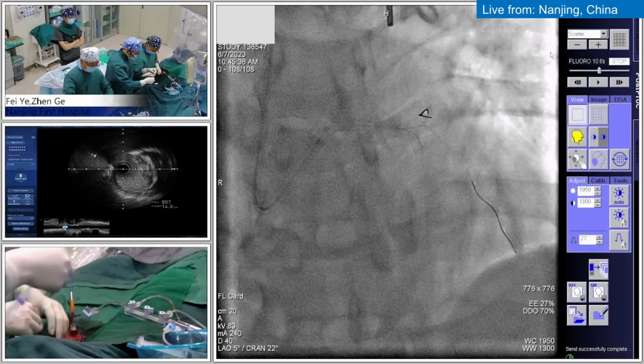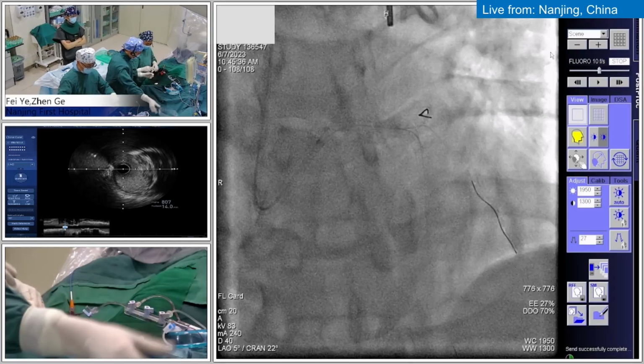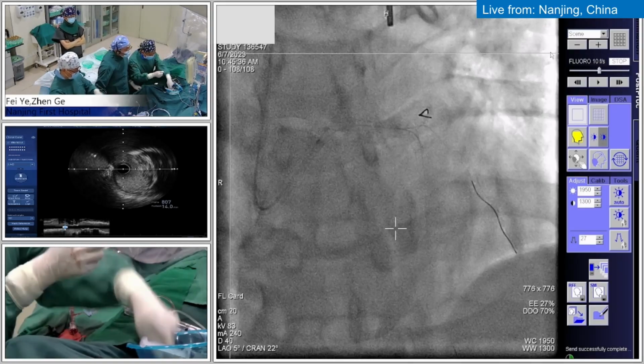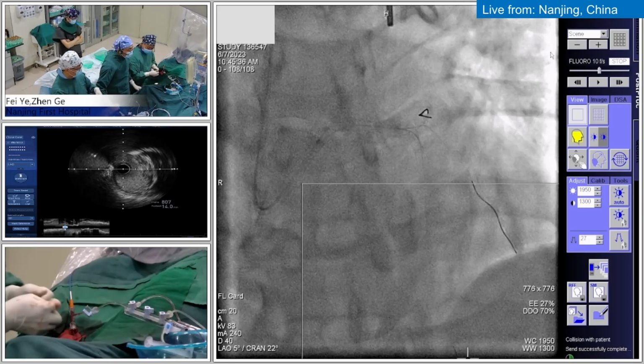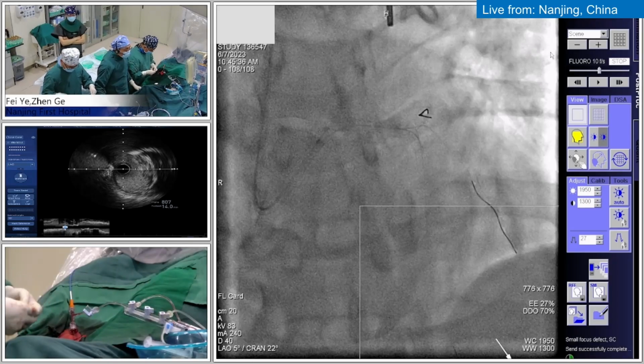So what's the next step? Yeah, to change the wire into the circumflex. Which kind of wire? This is CM blue, a new one.